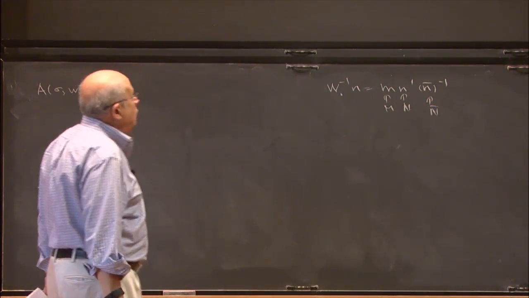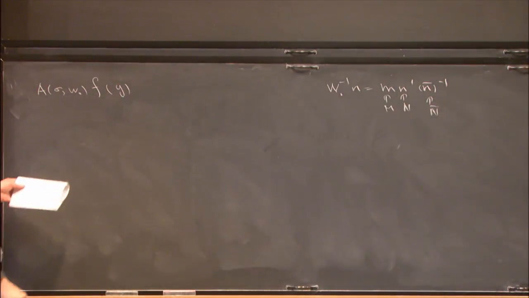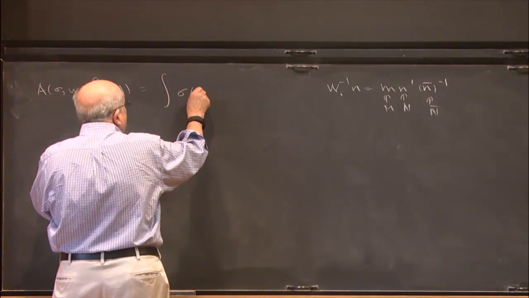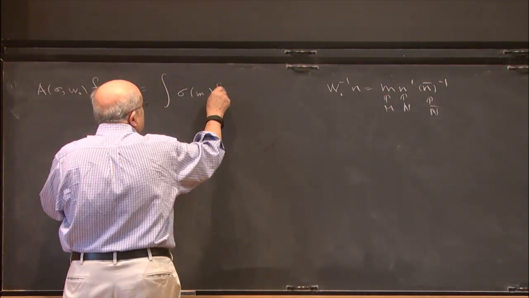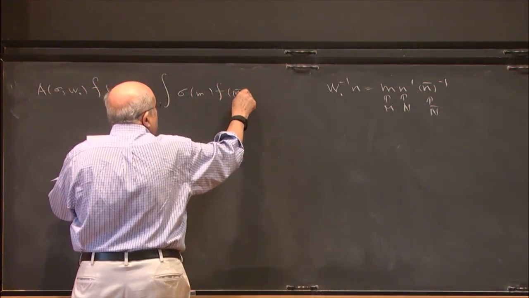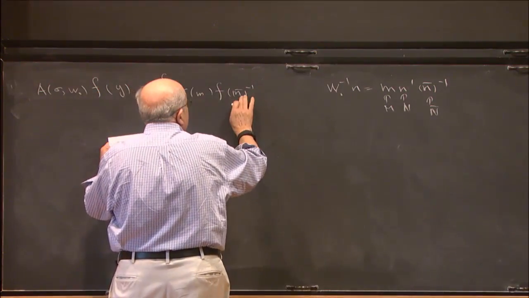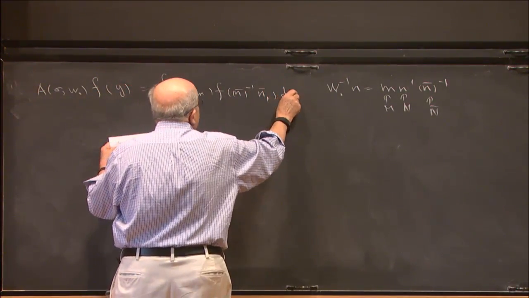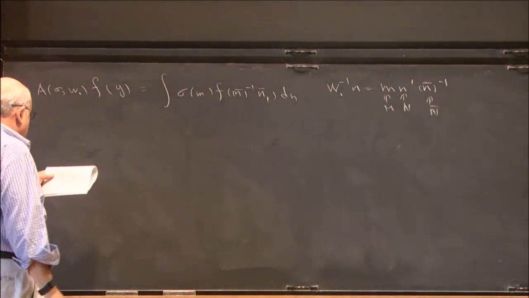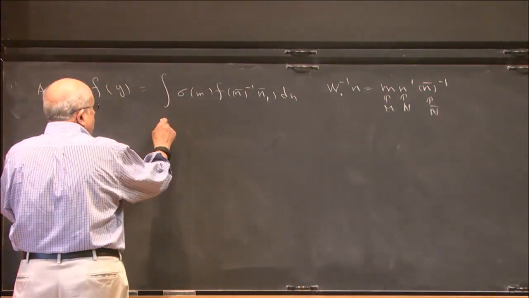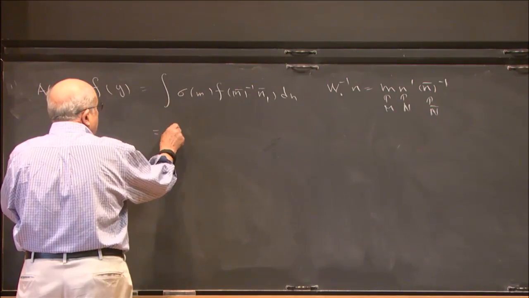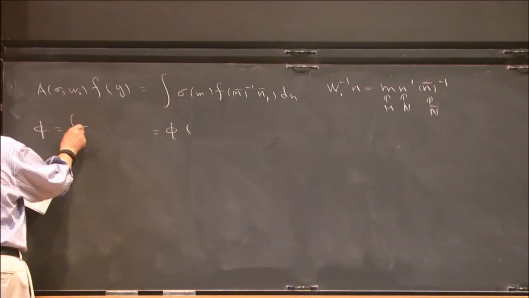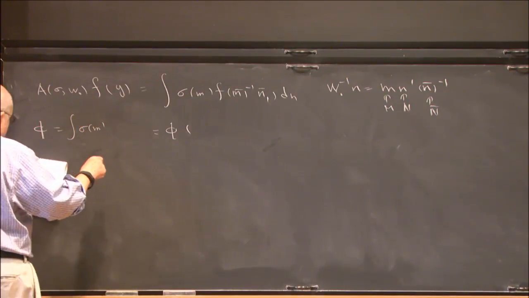We can do this for almost all n, and then this integral just becomes an integral of sigma of m, f of n1 bar inverse n bar, and n1 bar dn, and this is a convolution. Let me define phi to be this measure, sigma of m dn.